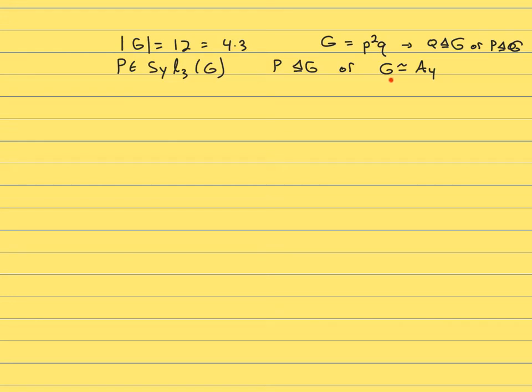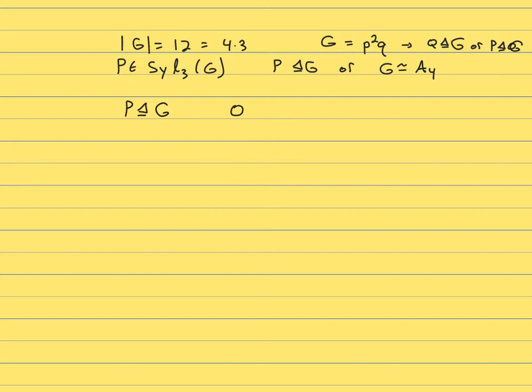First, I will actually just take advantage of this fact. So we're in two cases. Either you have A4 or you have P is normal in G. So let's assume that P is normal in G. Remember, P has order 3.